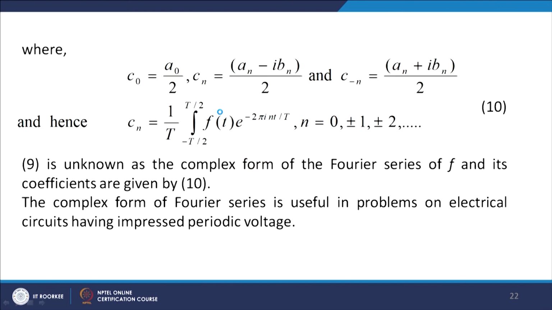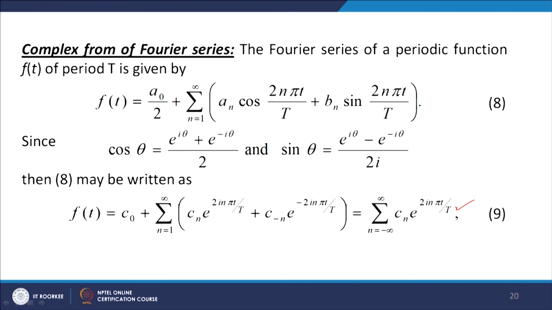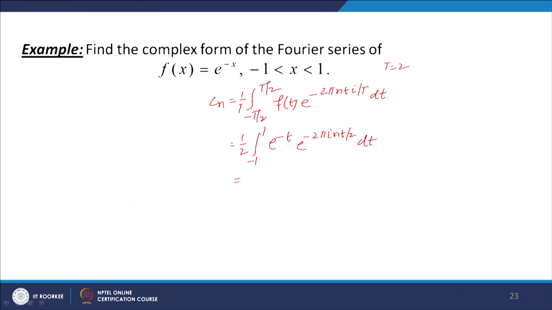The complex form of the Fourier series is sigma n equal to minus infinity to infinity C n e raised to the power 2πi n t by T. So, when you integrate, we can write it like this: 1 by 2 integral from minus 1 to 1 of e to the power minus t times (1 plus i n π), dt.